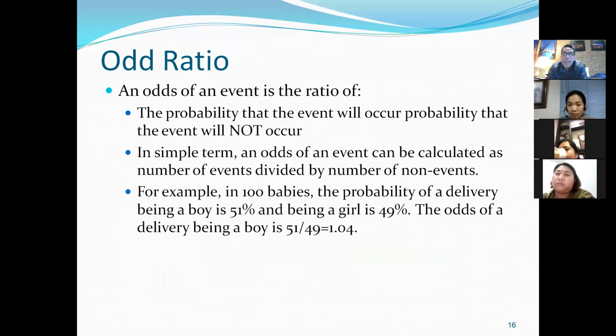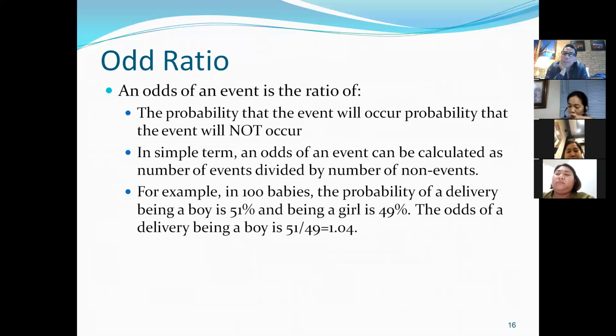So there's a finite number there. 51 and 49 will lead to 100%. So the odds of delivery being a boy is 51 divided by 49, or 1.04.